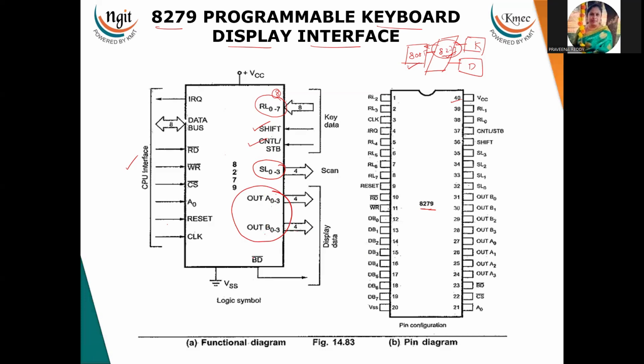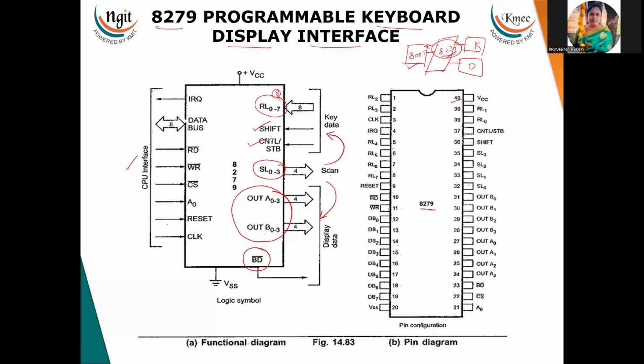Total 8 output lines and 1 blank display line, which will blank the display. So these output lines and the blank display line together are the display data section, and the 4 scan lines are the scan section. These are the 4 sections. These scan lines are used both for the display and also for the keyboard.